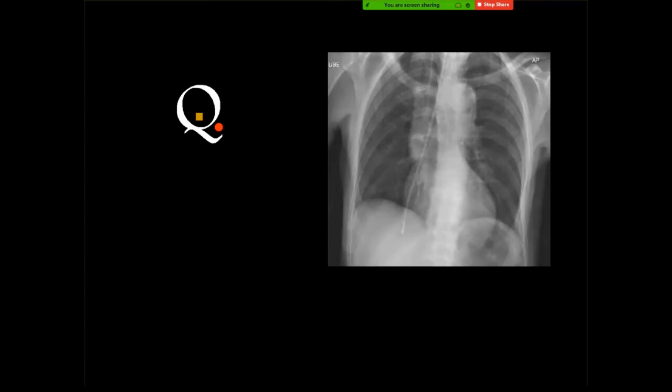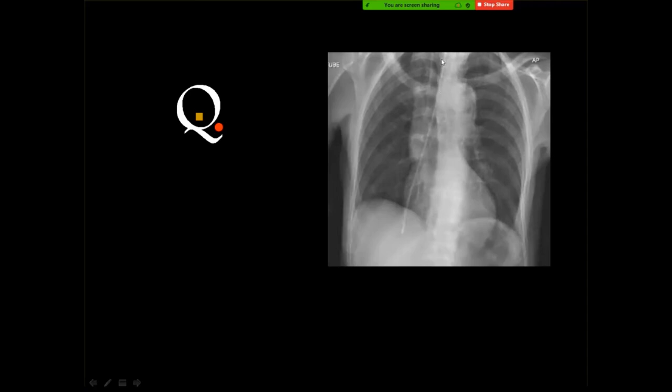And there is a tube. What is this tube? NG tube. I think it passed through the trachea. An ET tube in the right main bronchus? Endotracheal tube, you think? No, it's not the endotracheal tube.